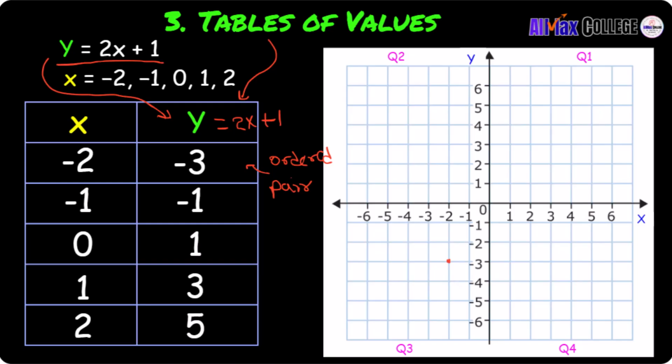This is the point -2, -3. And -1, -1. X is -1 here, and y is -1. So here is the point.